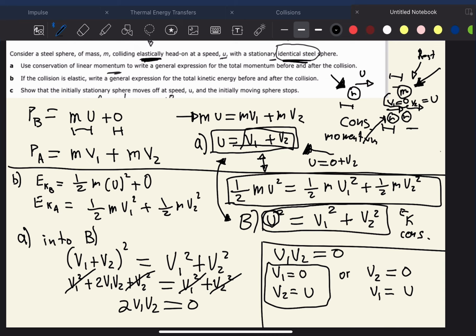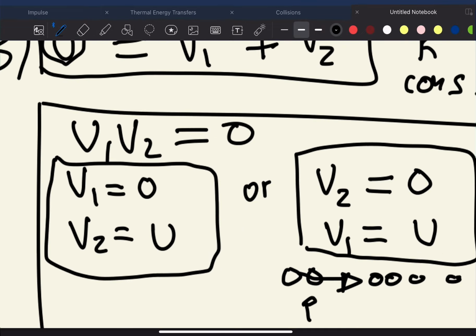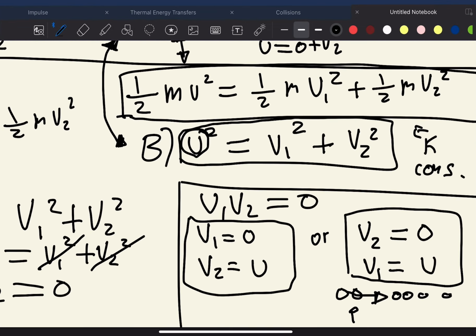Why? Because the other one would not make sense. It would suggest that after colliding, the second one stayed at rest, and the first one passed through the second one and kept moving at the same speed. You see? That is not a possible scenario. What could happen is that it bounces back.